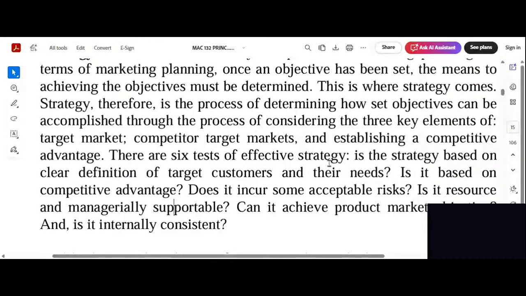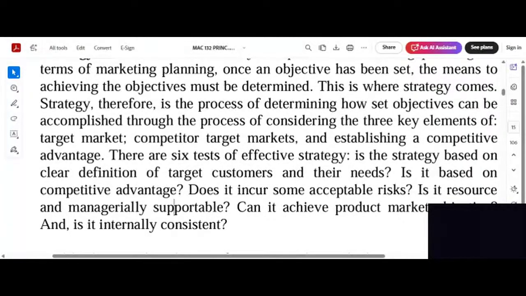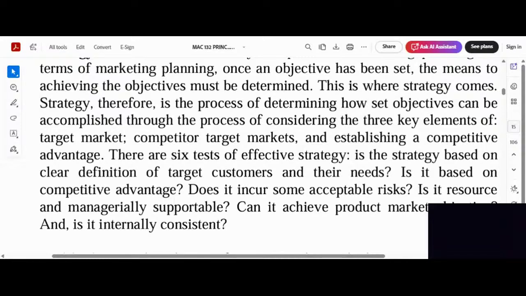We're looking at the 6 steps of effective strategy. When you want to form a strategy, what are the things that show that this strategy is good? This strategy is enough. This strategy will work. What are those things that show that?